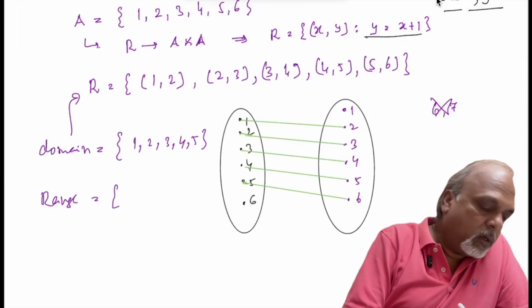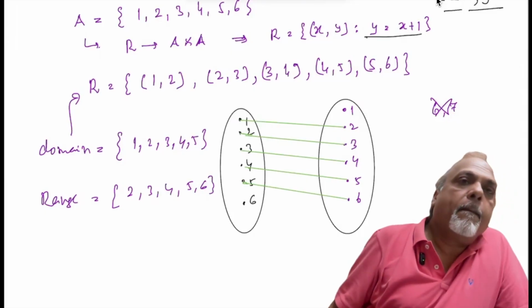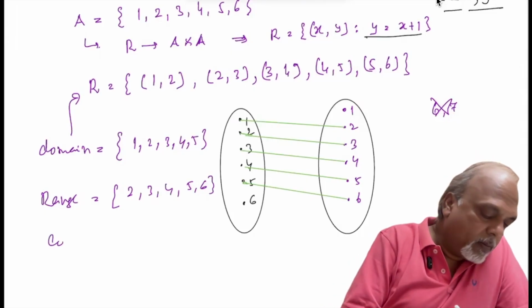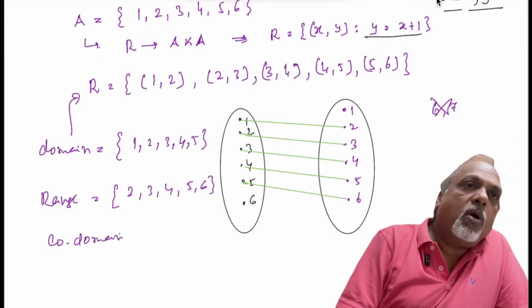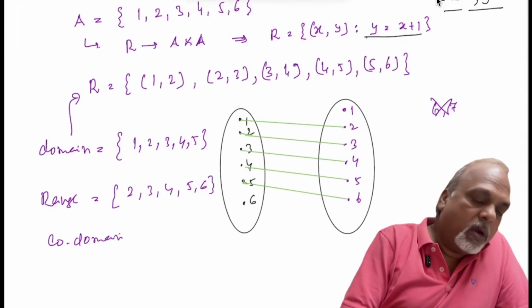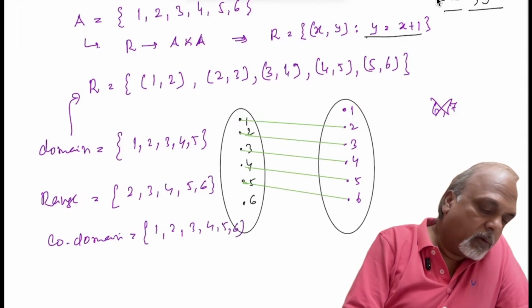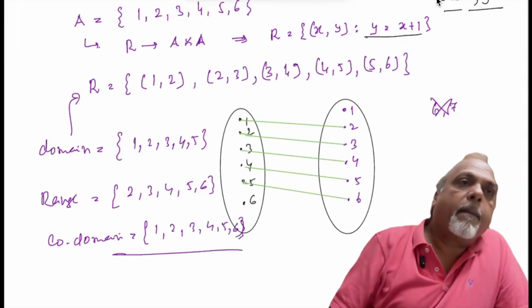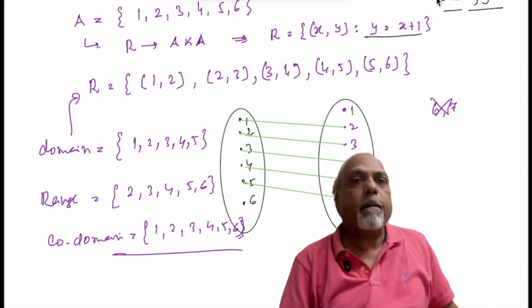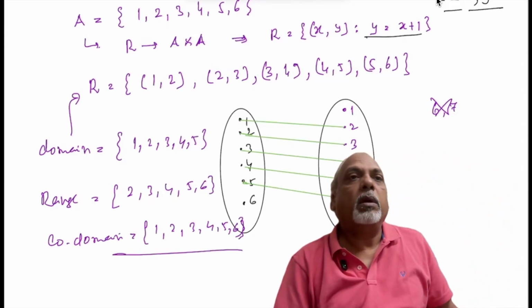This is nothing but 2, 3, 4, 5, 6. And what is codomain? Codomain is all elements of Y, that is 1, 2, 3, 4, 5, and 6. Correct? So this is how you can.